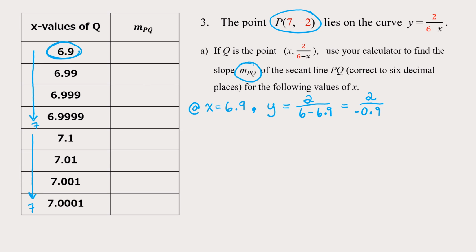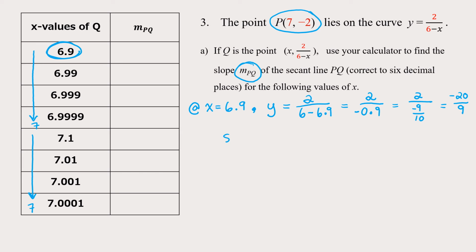But the way I like to think of this is as a 2 over, and then I'll rewrite that negative 9/10 in its fractional form, so that'll be a negative 9/10, which gives us negative 20 over 9.